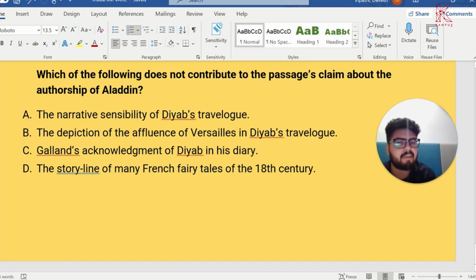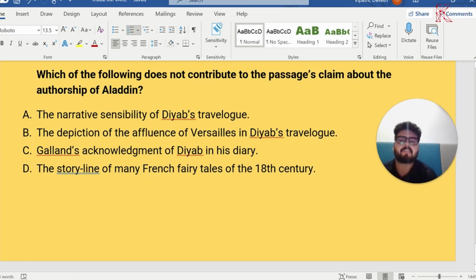So obviously Galland's acknowledgement of Diab in his diary is a clear indication about the authorship of Aladdin, that he is the one who is the author. As per the passage, we're not 100% sure that he is the author, but as per the passage, that is what you have to go with. We're not to go outside the scope of the passage.